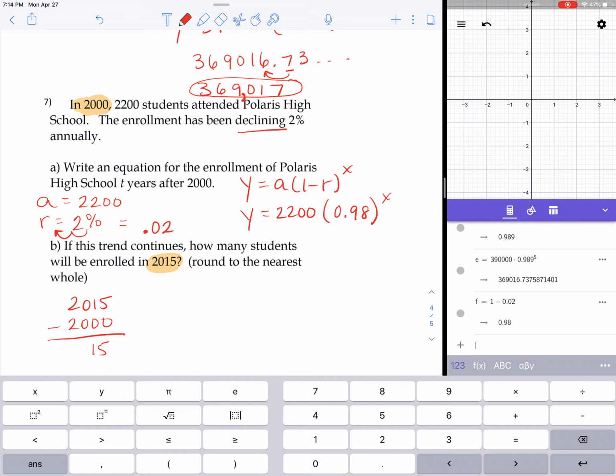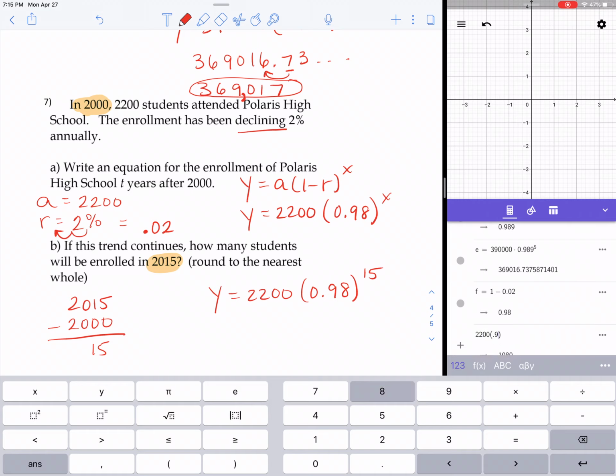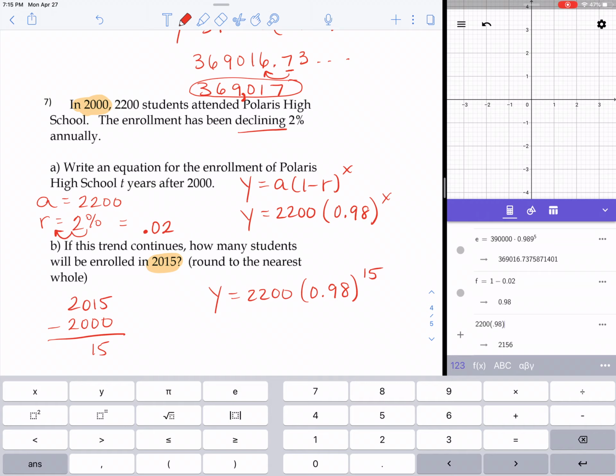So I'm going to plug in the 15 as my exponent. 2,200, parentheses, 0.98 to the 15 power, and I get 1,624 point something, to the nearest whole number because we're talking about people.